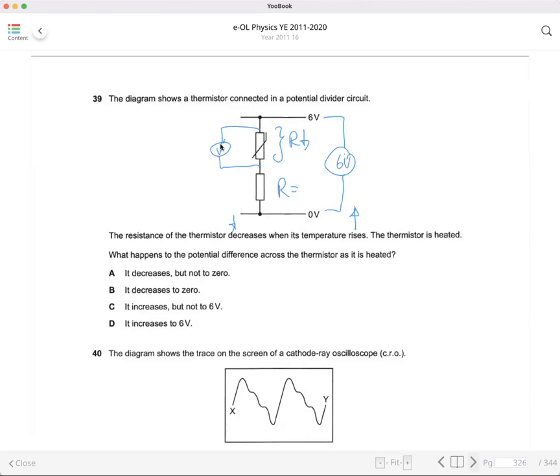So I give an example. At first, it is 100 ohm and 100 ohm. And now this one becomes 20 ohm, and this is still 100 ohm. So the voltage for this will be more or less.